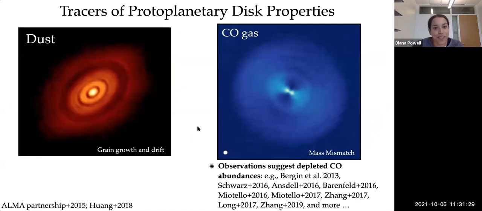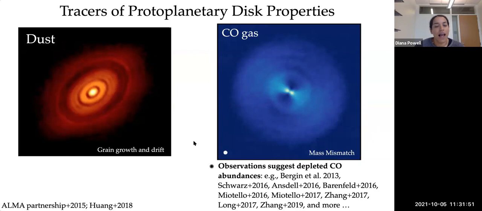Okay, so the most common tracers of protoplanetary disk properties are dust or different trace gases, such as CO gas, as these are relatively easy to observe. And due to a lack of direct probes of the main mass constituent, H2 gas, previous measures of disk mass have relied on some tracer to H2 ratio.